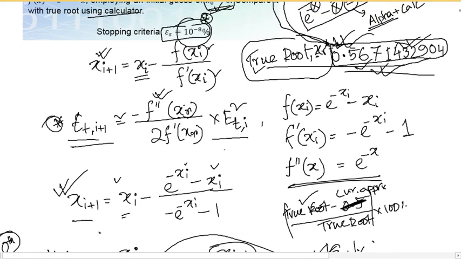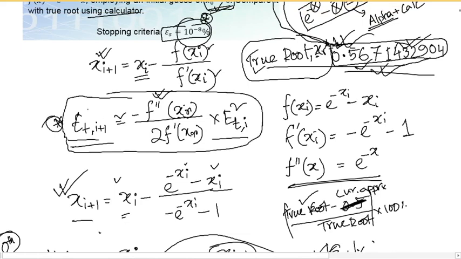Before I explain this, this is the next step's true error, this is the current true error, and this is the true root. Using this you can predict the next true error from the current true error. Before that I will have to rearrange it using these values.